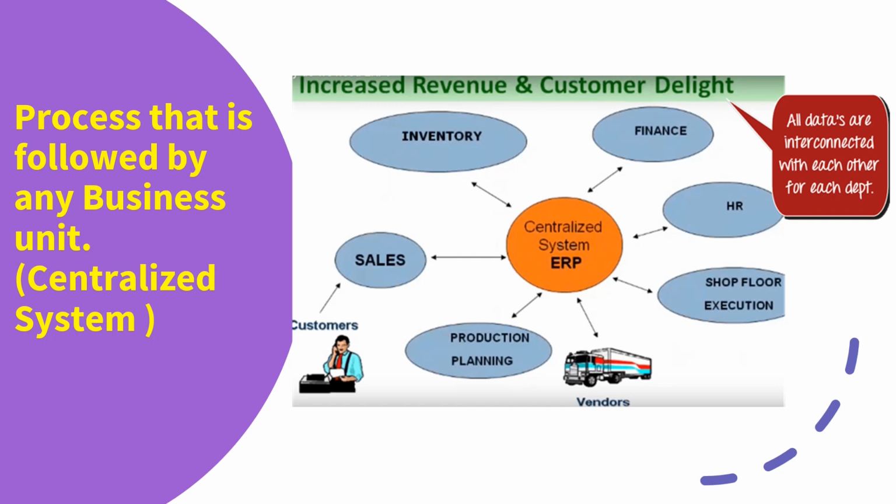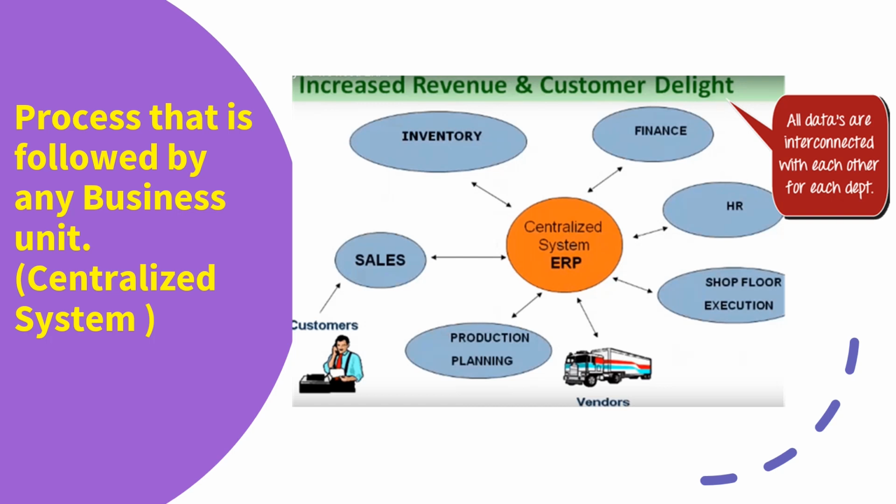The production planning team checks the availability of raw material required via the central database only, and they can update the inventory department. Like that, the HR team also knows about the human resources, and the HR team starts the technical recruitment process with considerable lead time, and they can hire suitable candidates on time.